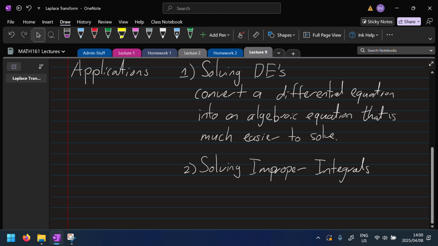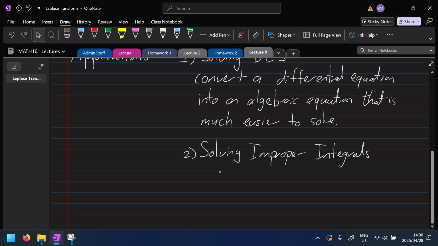Now, that doesn't give us an actual value. That just tells us if it's convergent or divergent. But if we do want an actual value, we can use this method. For example, the integral from 0 to infinity of sine of x over x. In this case, we can't use our standard integration techniques. It's not going to be too helpful.